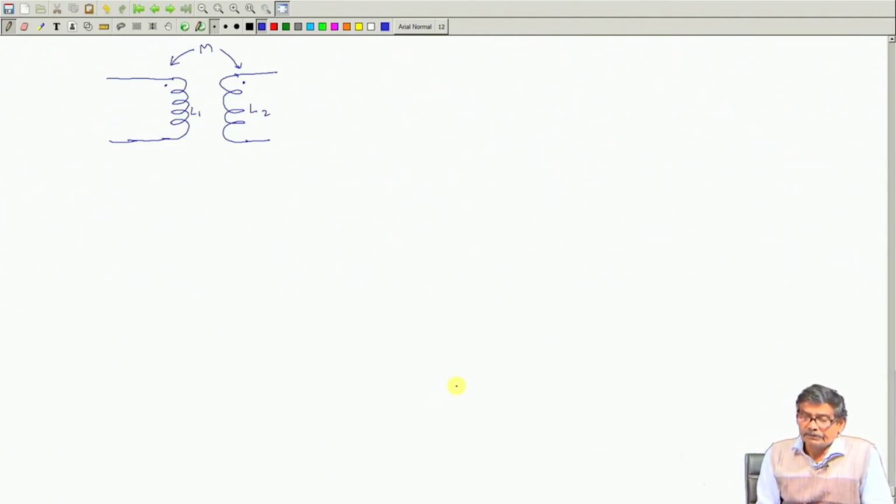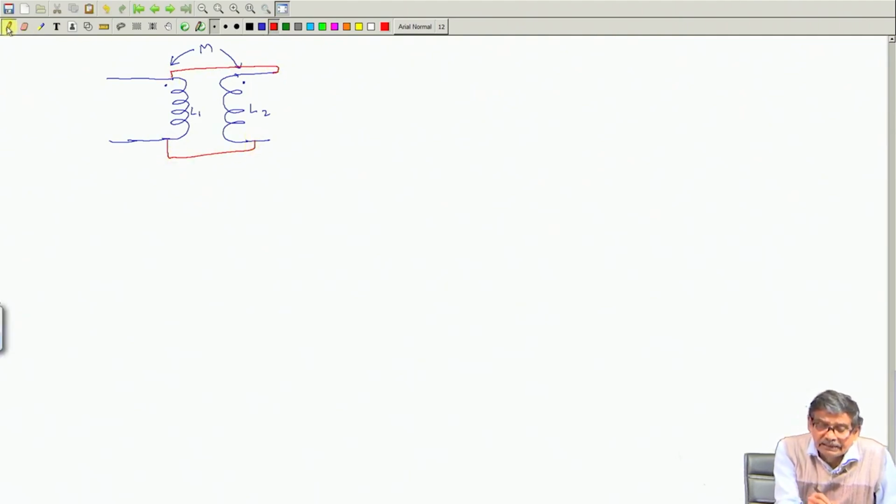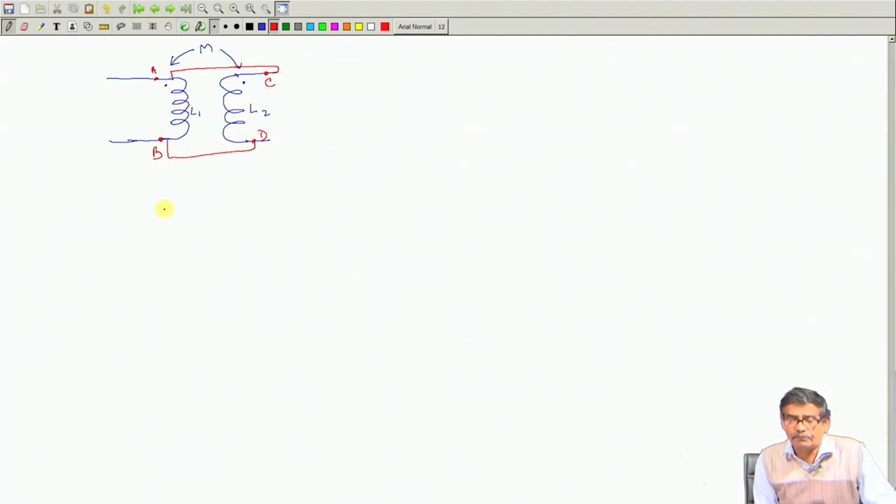Now, I connected these two coils in series earlier. Now, these two coils are connected in parallel. Once again, this terminal is A, this terminal is B, and this coil terminal is C, this coil terminal is D. Of course, A and C are the same point, B and D are the same point.